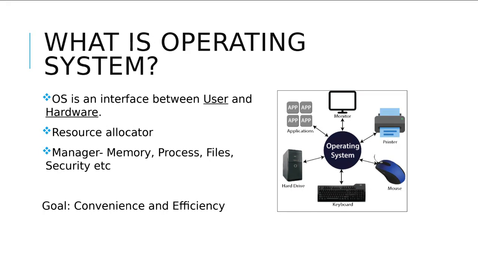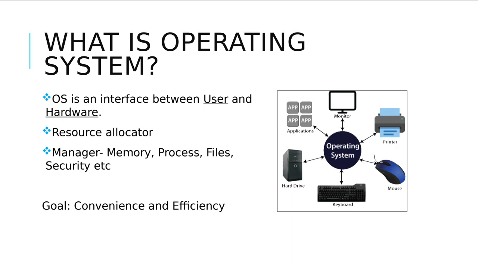It is understood. Next is resource allocator. First of all, what is a resource? Every hardware system, every hardware part that we have in our computer system is called a resource.